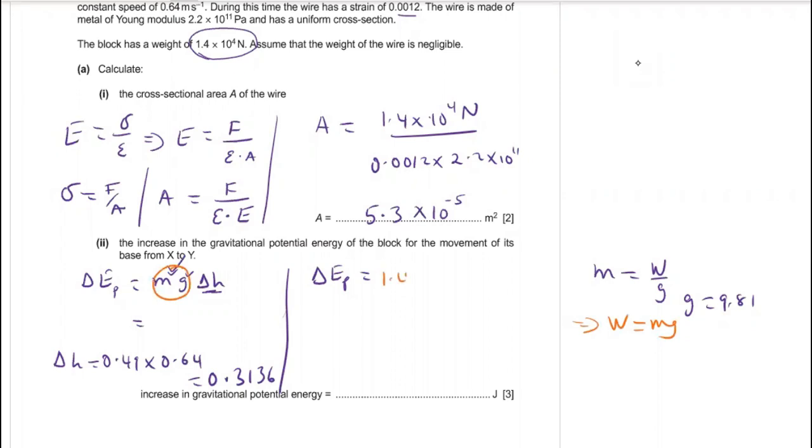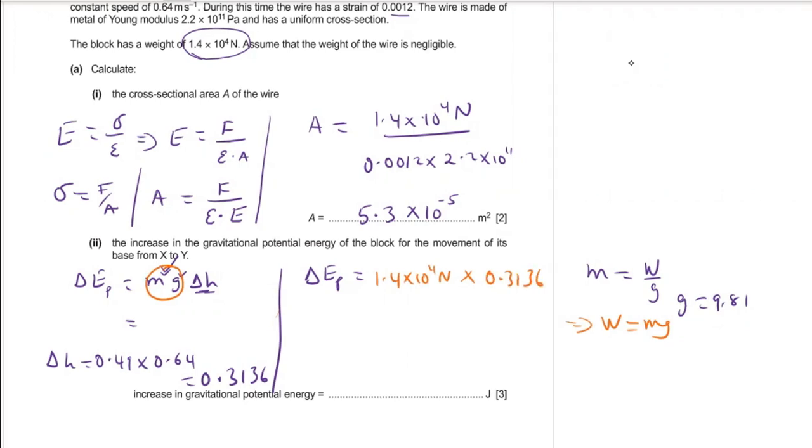That is 1.4 times 10 power 4 newtons. Then you multiply with the displacement, 0.3136, which gives us 4,390.4 joules. To two significant figures, that would be 4,400 joules.